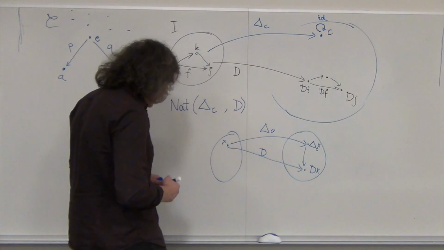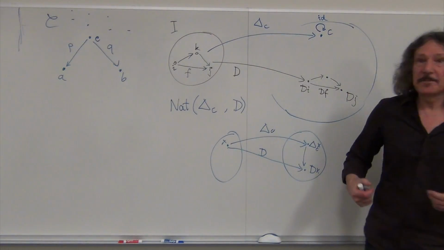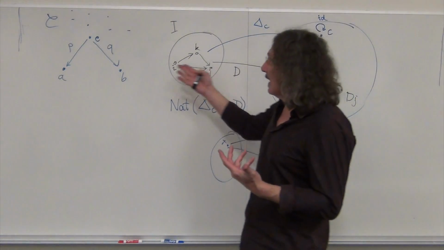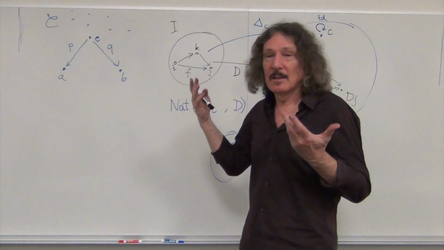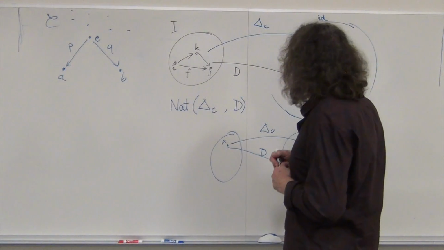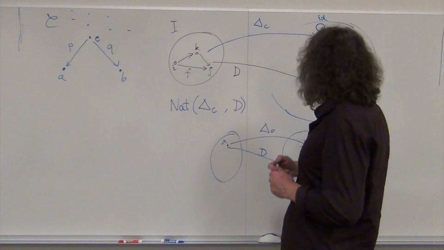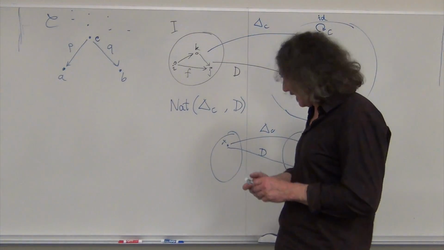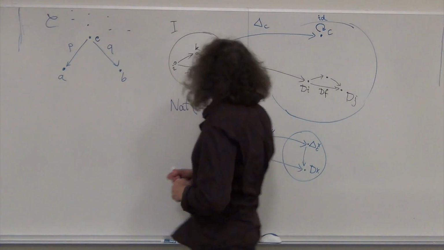So now we can define again this kind of construction using natural transformation. So what's a natural transformation between delta C and D? Well, it will be a family of morphisms again, right? Let me use the red marker.